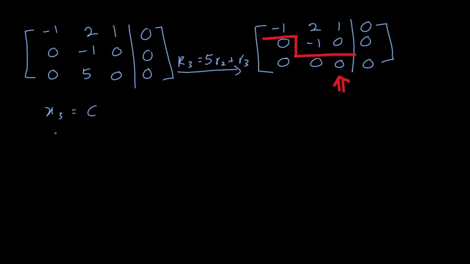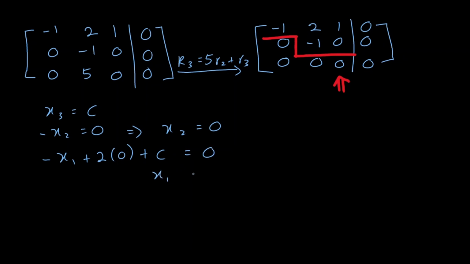Looking at row 2, we have minus x2 equals to 0. Therefore, x2 is equals to 0. From the first row, we have minus x1 plus 2 times x2, which is 0, plus x3, which is c, equals to 0. Therefore, x1 is equals to c.